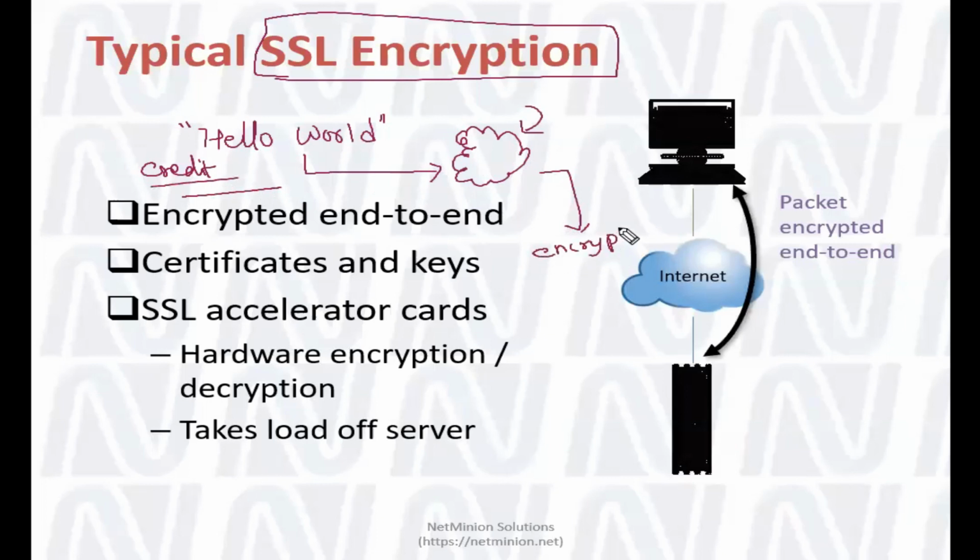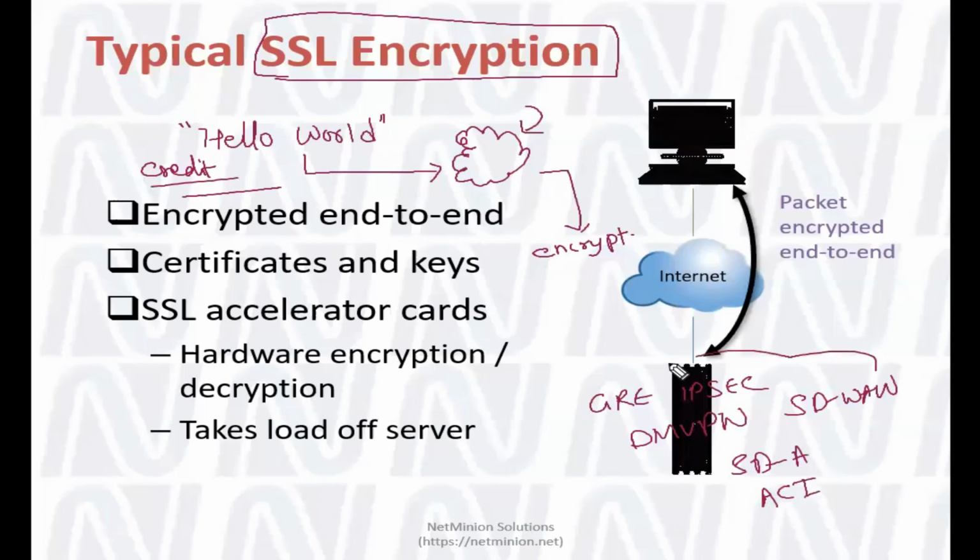Again, encryption is not a new technology which we are using on the F5 only. If you talk about GRE tunnels, IPsec tunnels, DMVPN, maybe SD-WAN, and any SDA, or maybe ACI, all over.